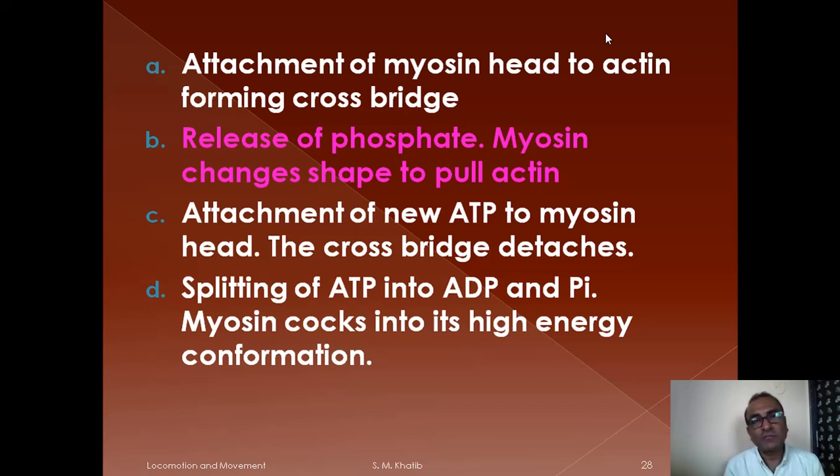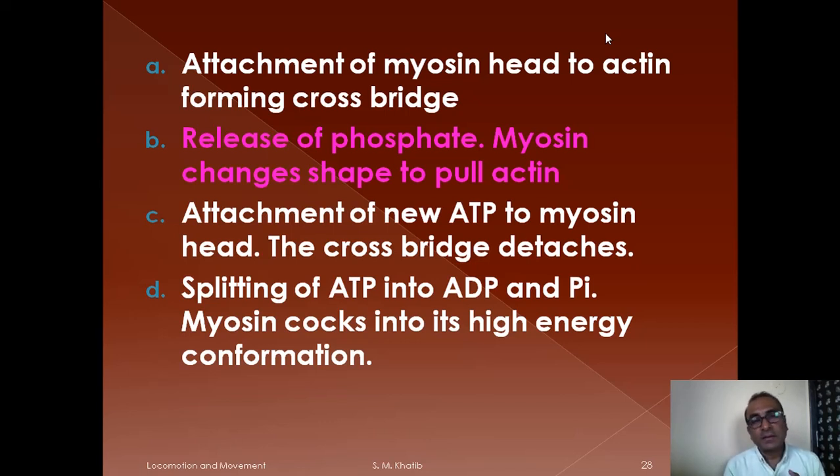Then attachment of new ATP to myosin head, the cross bridge detaches. That is, after the detachment of the cross bridge, the ATP will bind again, and again the new cycle will start. So here that's also not the case. It is still attached to the actin and pulling the actin inward.